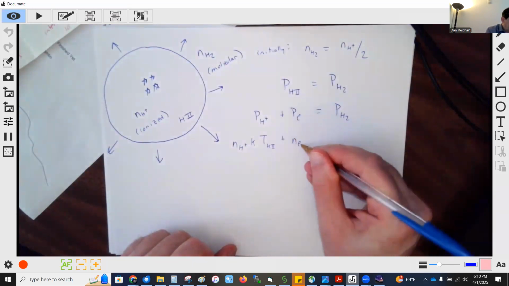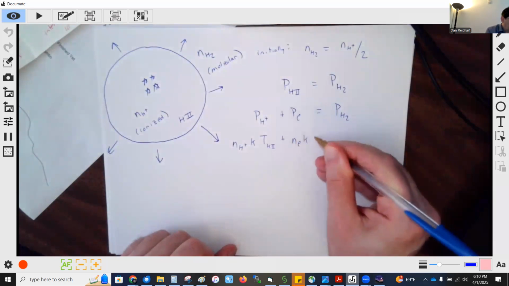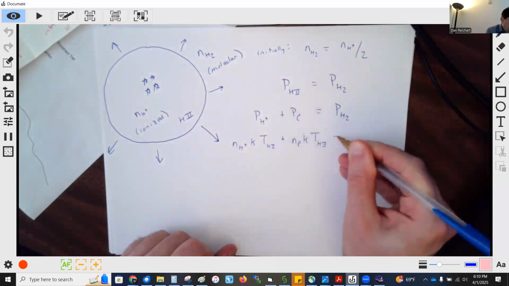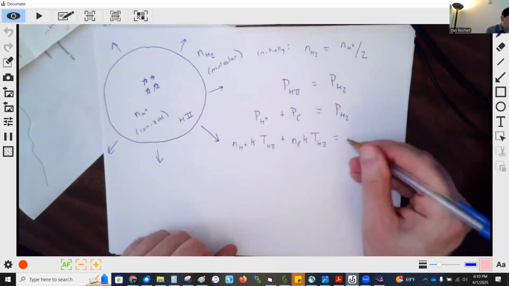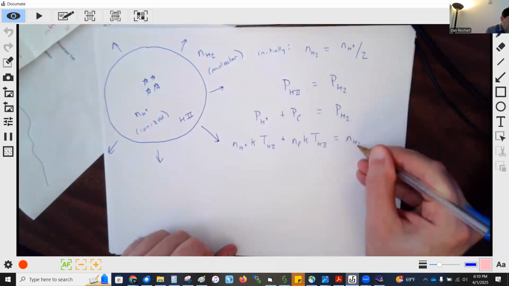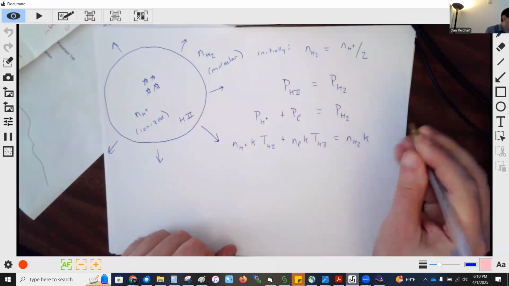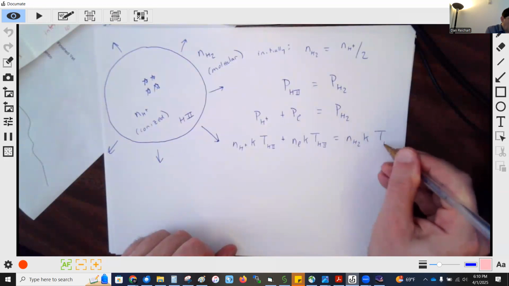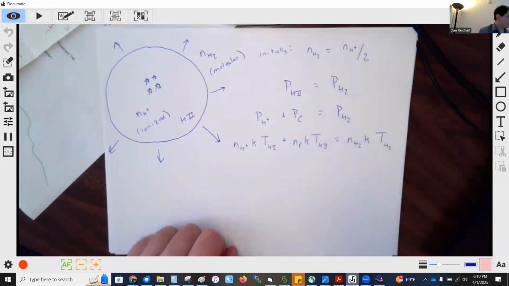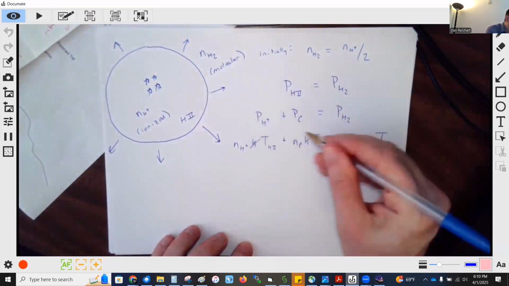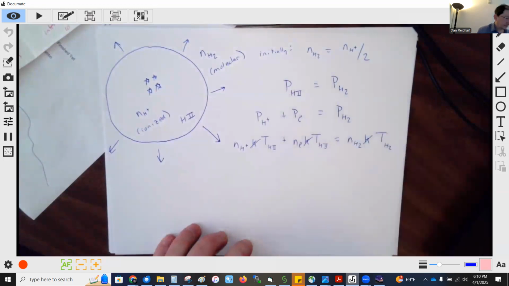So the density of the electrons, Boltzmann's constant, temperature of the inside region. Then out here, we have the density of the molecular gas, H2, times Boltzmann's constant times the temperature on the outside.